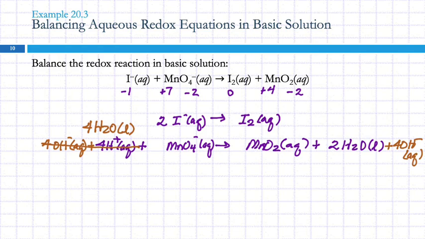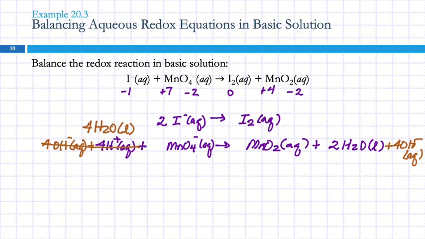Okay? If we look at the mass, now I have 8 hydrogens over here, and I have 4 hydrogens plus 4 more, 8 over there. I've got 4 oxygens and 4 oxygens and another 4, 8. And there I've got 2 and 2 and 4 is 8.